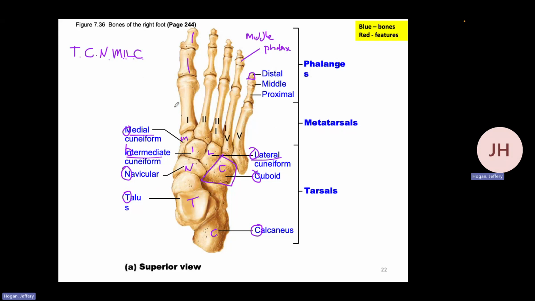And then what digit is it? 1, 2, 3, 4. Middle phalanx 4. If I point here, this is distal phalanx 1. If I point here, that's metatarsal 3. So on and so forth.